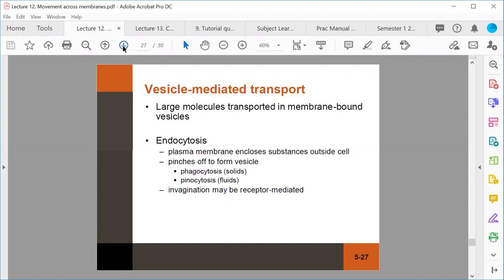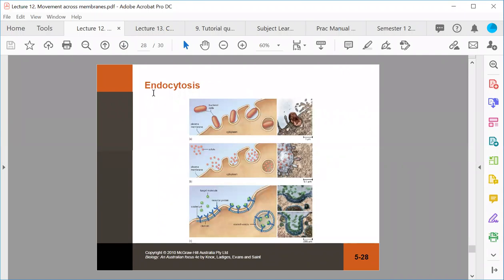All right, so let's look at this on the next slide. Endocytosis is bringing substances into the cell, usually larger substances, but not always. This first image at the top shows something the cell is not intentionally doing, but it shows how some bacteria can infect host cells.